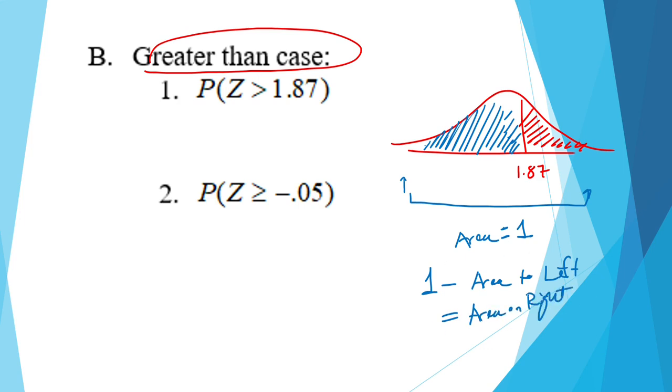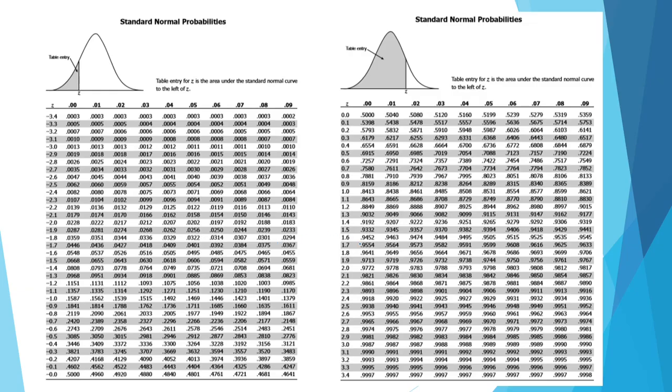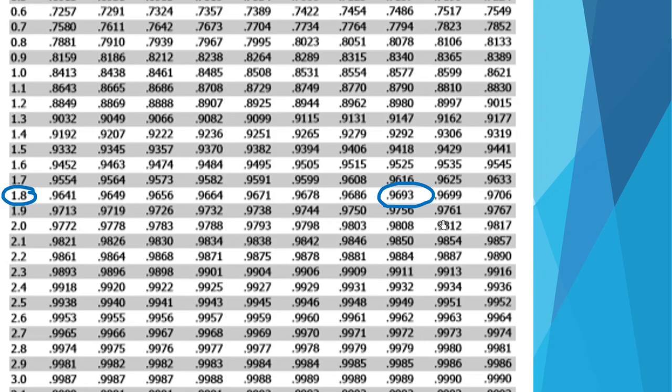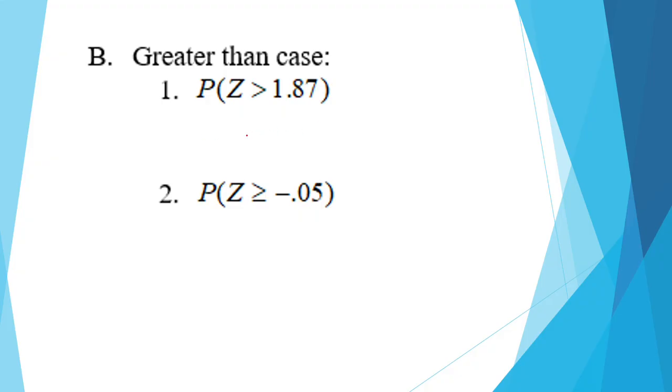And that's what we're going to do. We'll look at 1.8 for the row and 0.07 for the column. This gives us an area to the left of 0.9693.